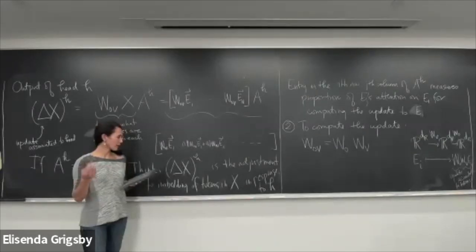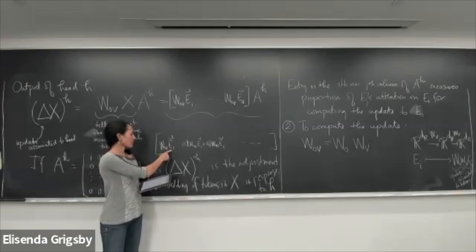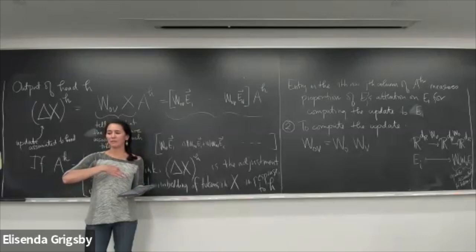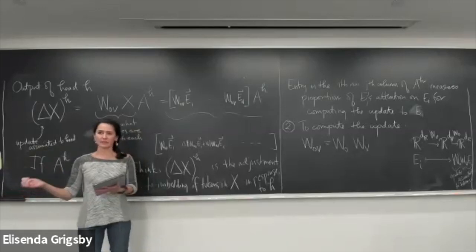Ellie, in your example, can you re-explain what WOV really is doing? Because it seems to me like the 0.9 and the 0.1 are doing the job of telling us how much to update, which is coming from AH, not WOV. Right. Great question. So the point is you don't want to update by the embeddings themselves. You want to update by something that you're extracting from the embeddings.